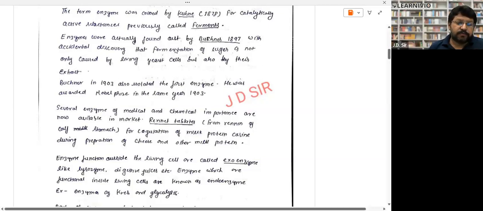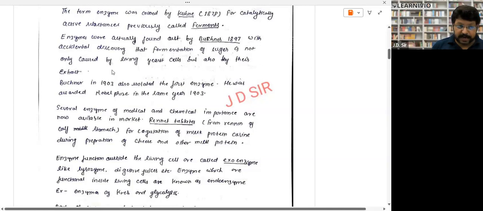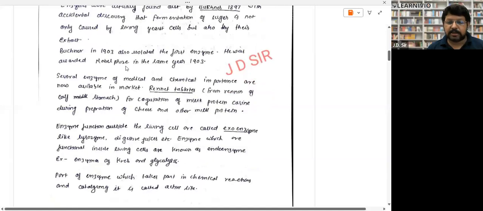Enzymes were actually found out by Buchner in 1897. The characteristics of enzymes were defined, and they got to know that these are enzymes and what their function is. This was an accidental discovery that fermentation of sugar is caused not only by living yeast but also by their extract, discovered in the fermentation process.